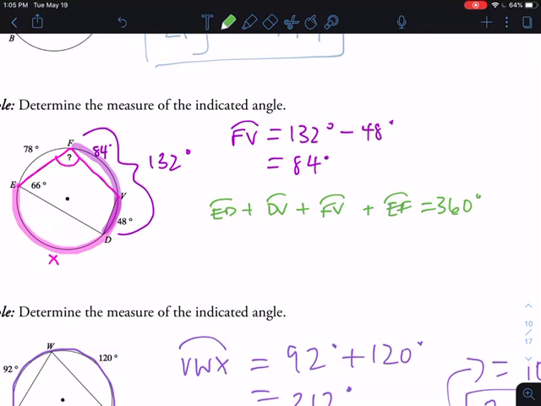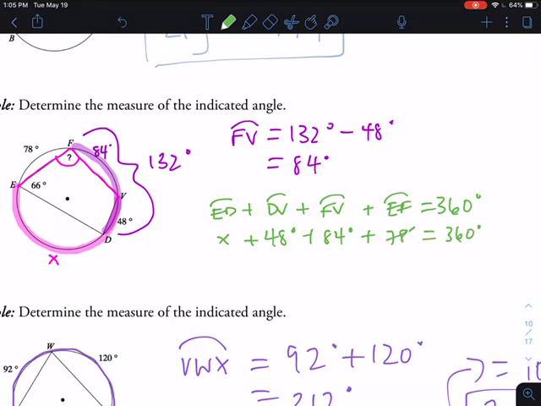Now, the great thing is that we actually know how big most of these are. We know that arc ED is the one we're looking for, so we don't know what it is. So that's our X. Okay. We know that arc DV is 48 degrees. We know that arc FV, we just solved up here, is 84 degrees. And we know that arc EF, which is also given, is right here, is equal to 78 degrees.